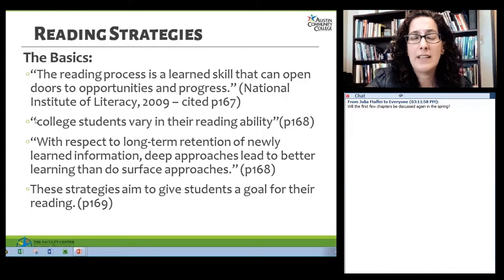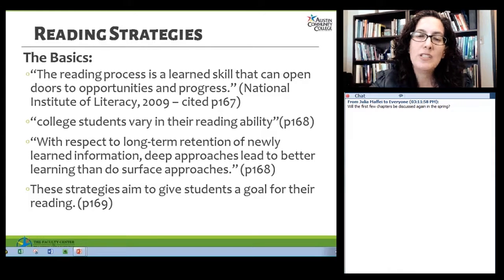In addition, as a psychologist, one of my favorite things to share with people is that deep strategies for learning are almost always going to help us remember better and retain longer than shallow strategies or surface approaches. So whenever we can get our students to read and read in a deep way, and I'll give you guys some pointers on how to do that, we are actually reinforcing the information that they're learning and helping them maintain it for longer.